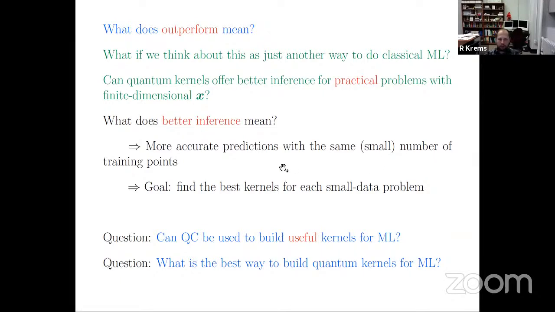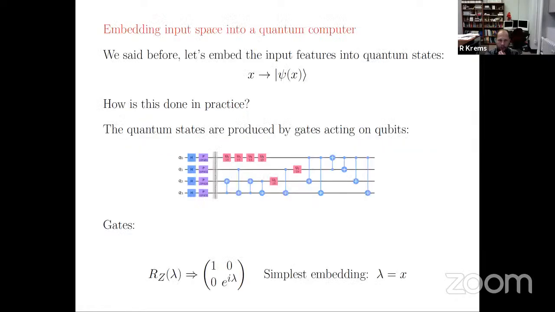You want to make more accurate predictions with quantum kernels than with classical kernels. And of course, if you want to show that it is possible, you need to be able to find the best quantum kernels out of all possible quantum kernels. So these are some of the central questions that we work on. Can quantum kernels be used to build useful kernels, and what is the best way to build quantum kernels for machine learning?